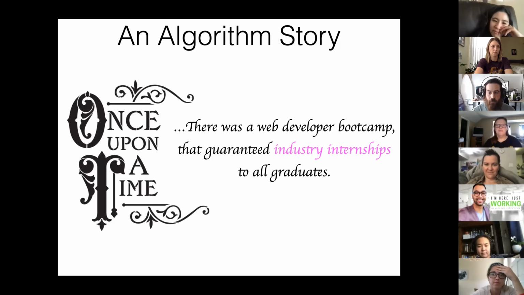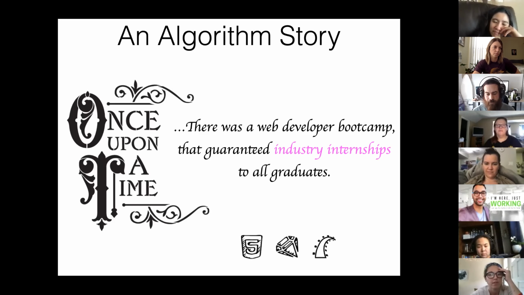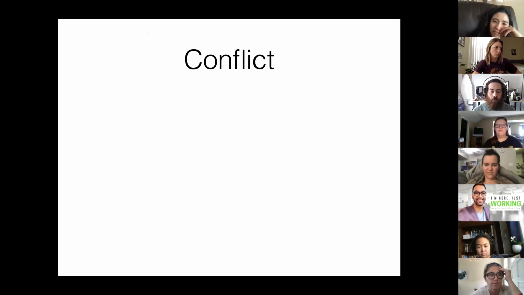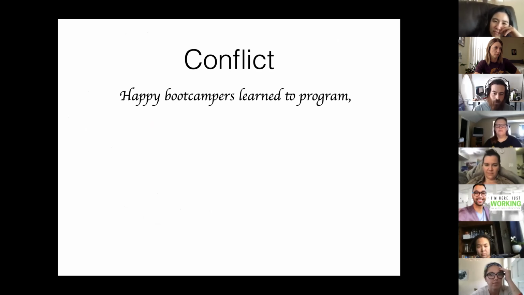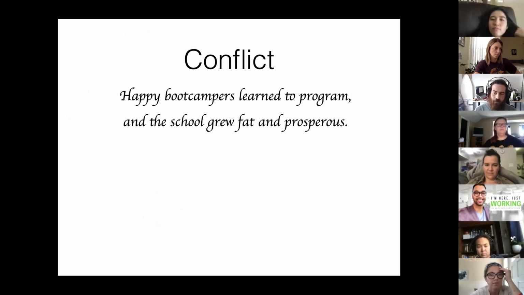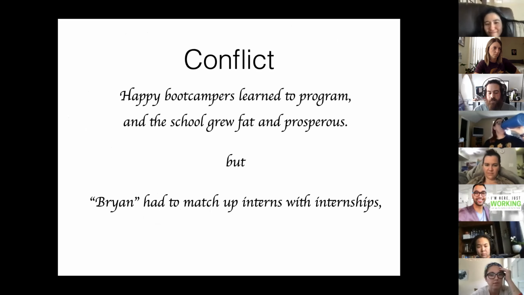And this bootcamp guarantees industry internships to everybody who graduates from it. So it teaches things like HTML5 and Ruby and JavaScript. And there's a problem. The boot campers learn to program, the school is popular, this is great, but somebody, let's call them Brian, let's invent a fictional character.